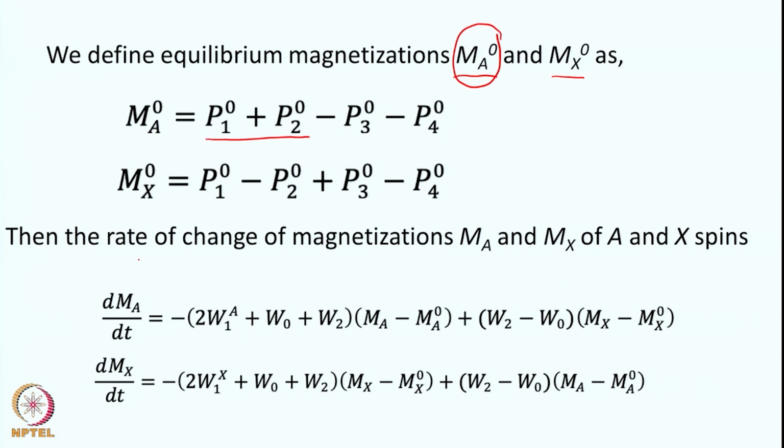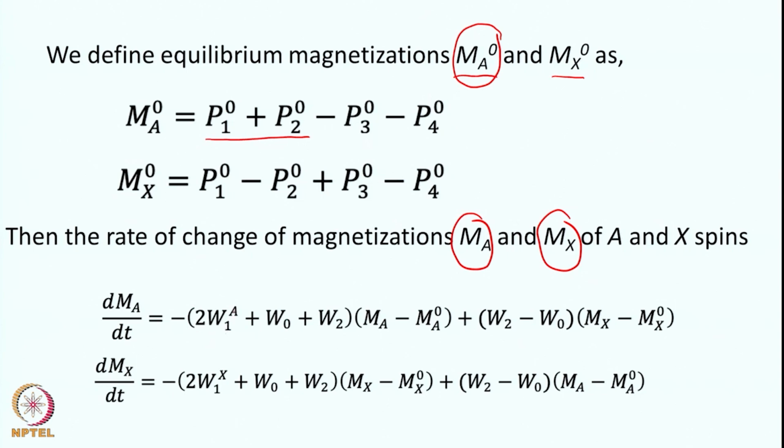So, then the rate of change of magnetization, one can write with time. So, for A spin MA and for X spin MX, one can find it out by putting in all these equilibrium magnetizations.